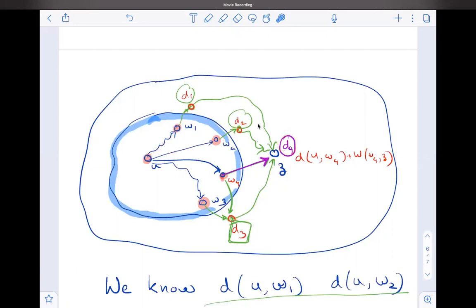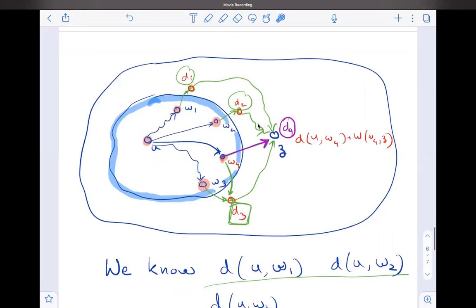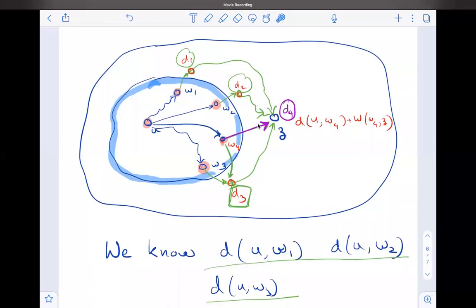And since I know that there are no negative edges, this path must be, so the weight of the path from U to Z via this vertex is more than D1, which is more than D4.